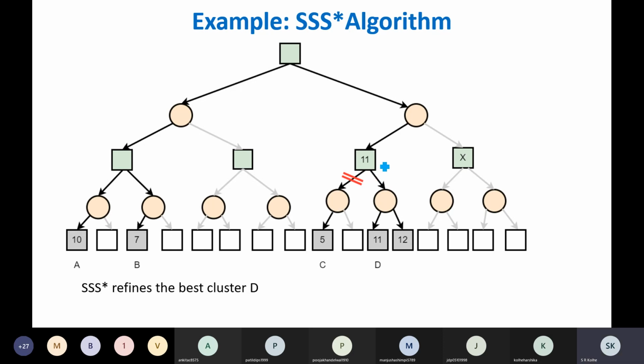Why is it so? Because it's a max node, right? Value of this node C is 5. 11 is better than 5. So since it's a max, C will not be considered. So C will never be considered again.